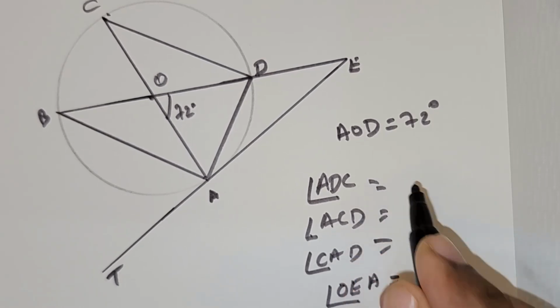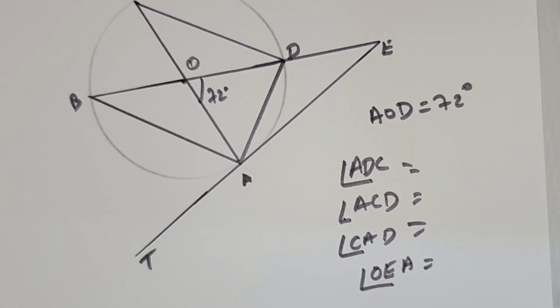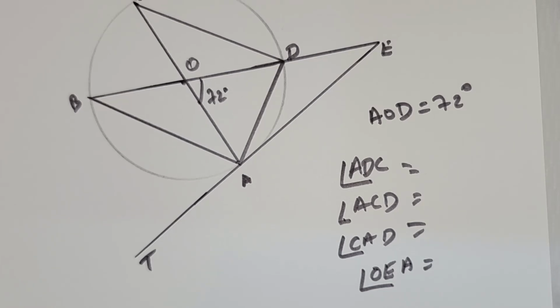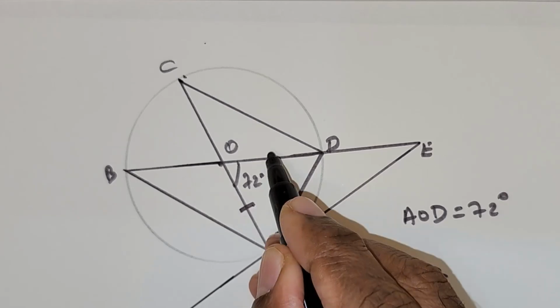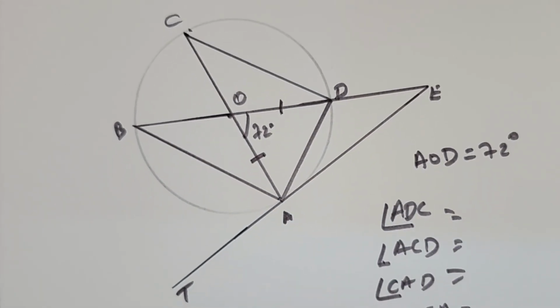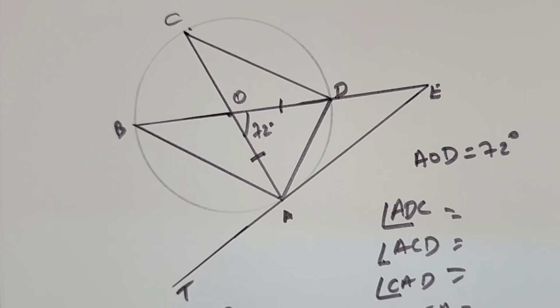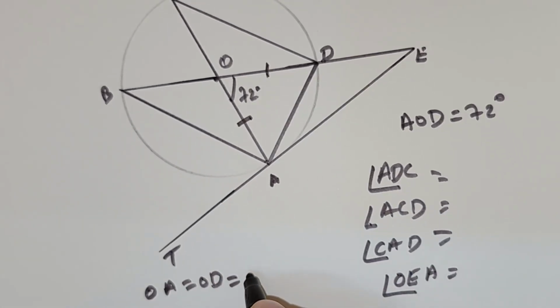So we need all of these. Okay, now foremost, you see here, this is the radius of the circle. OA is equal to OD is equal to radius of circle.